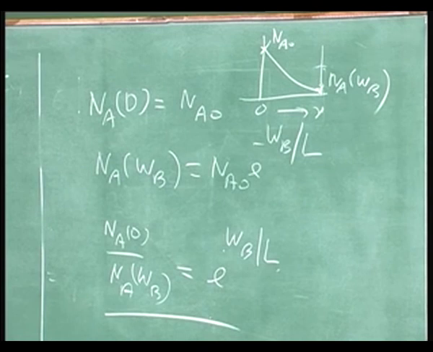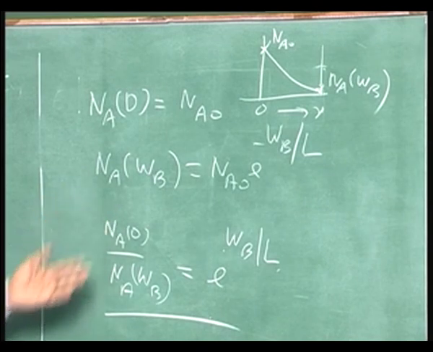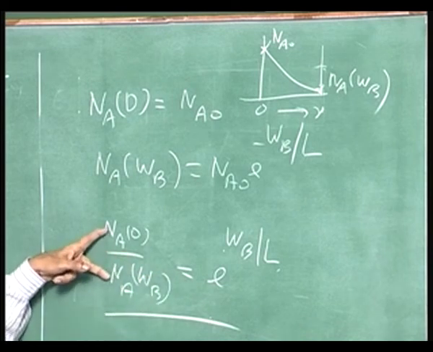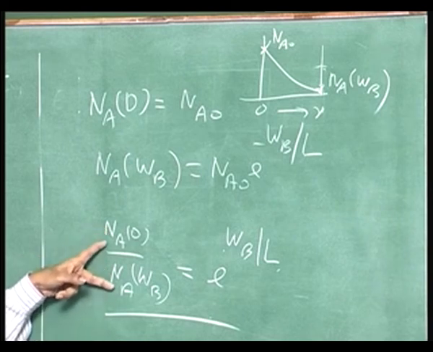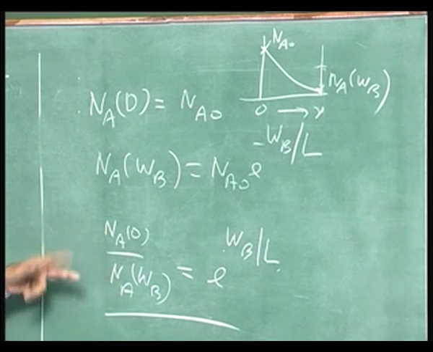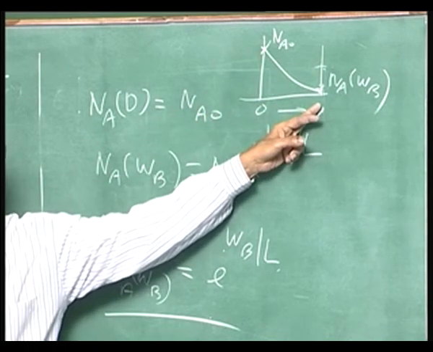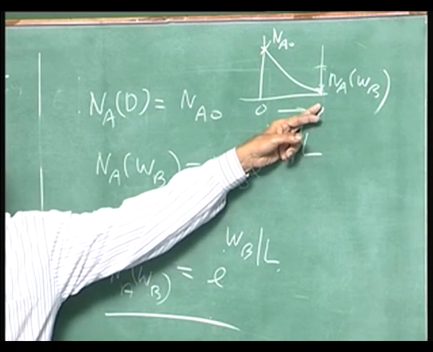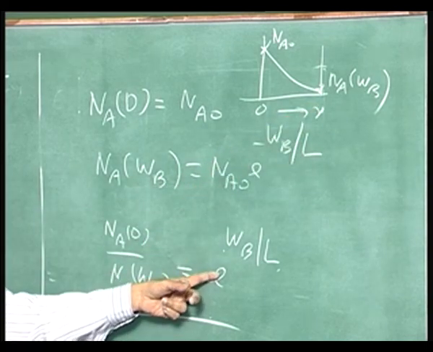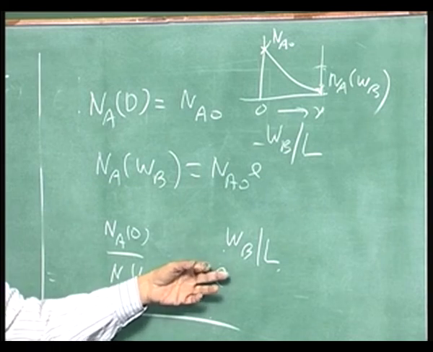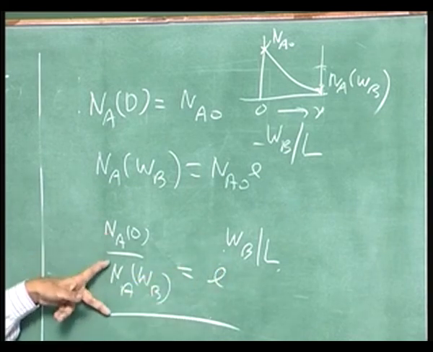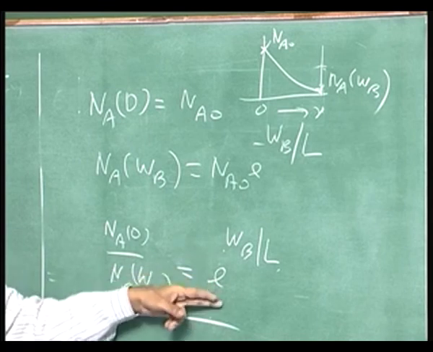With exponential doping concentration gradation, you will get it like this. Now, supposing this ratio is 100, or let us say this ratio is 54, doping at the emitter and doping at the collector edge, which is reasonable to assume. What will be the factor? 4. E to the power 4 is 54. So, with this ratio 54, you get e to the power of 4.